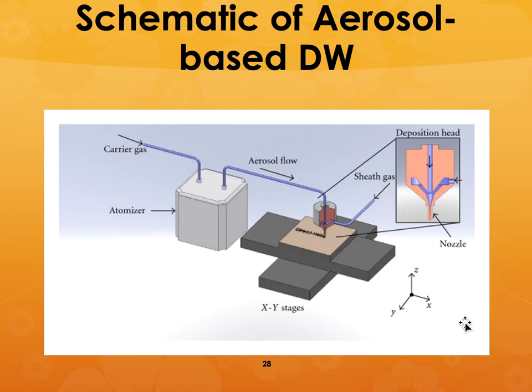Sometimes these powders are pyrophoric, so you want to make sure that they are deposited and solidified almost instantaneously. You also have sheath gas, because some of these powders can be oxidized, and you do not want that to happen. So you want a gas masking the powders that are being deposited onto a substrate.